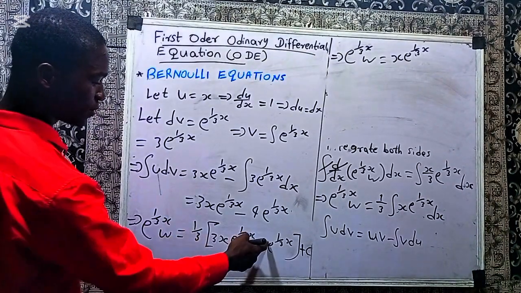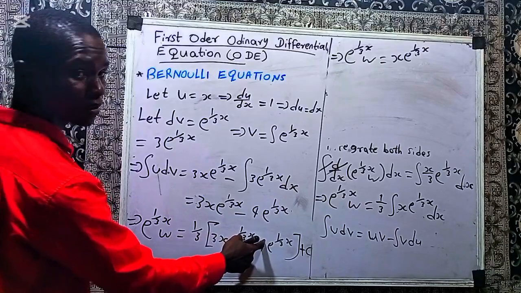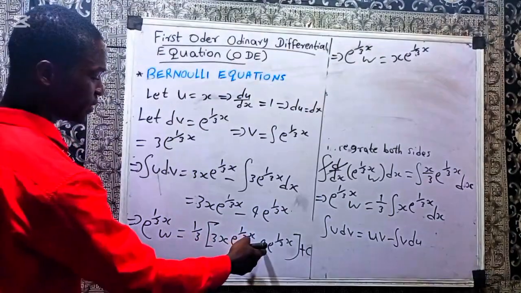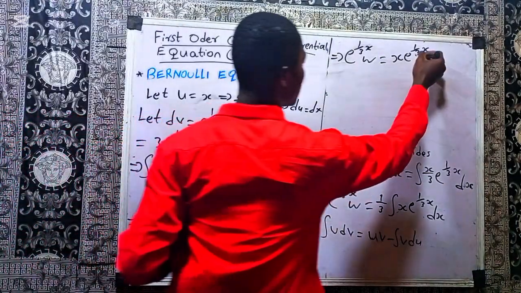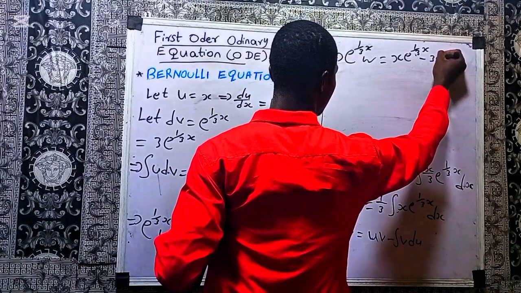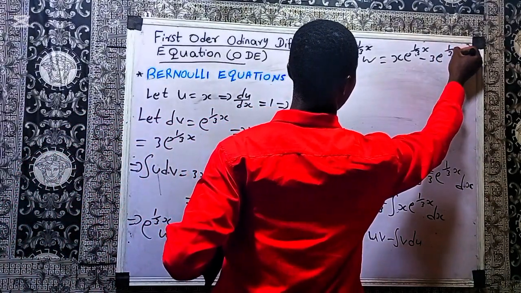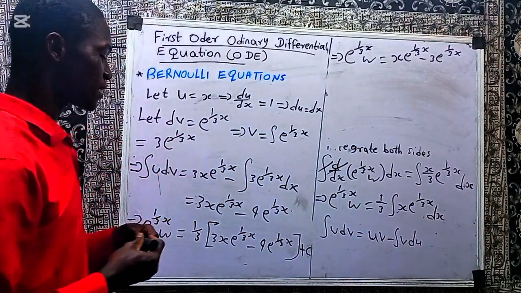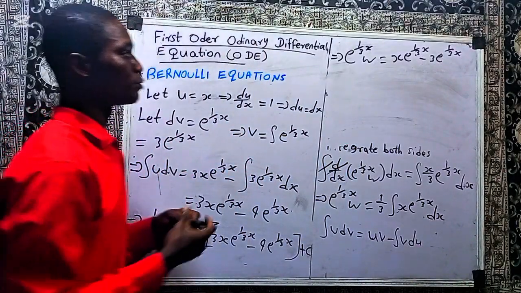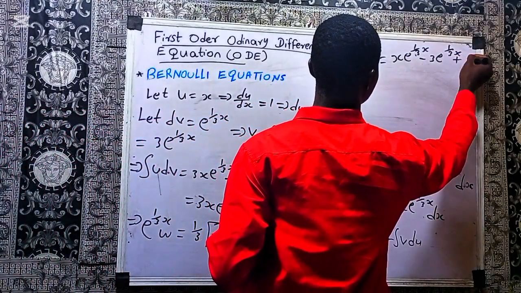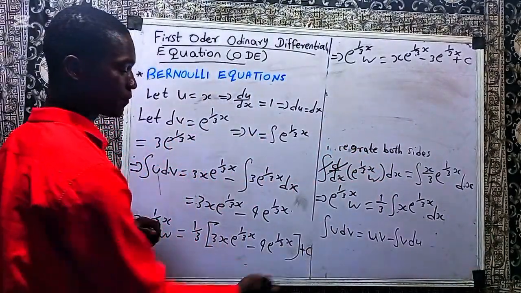Then if you use this to multiply here, 3 will divide 9, leaving 3 here. So you have negative 3 exponential 1 over 3x. So that's the result we got, plus the constant of integration, C, the last one we have here.